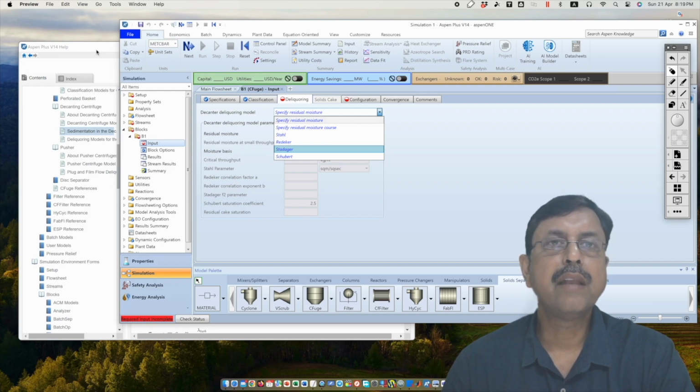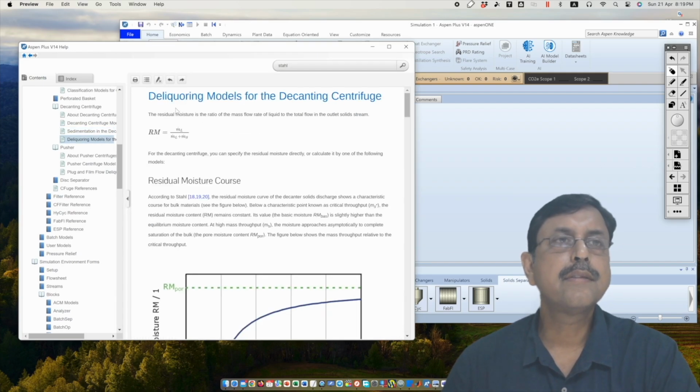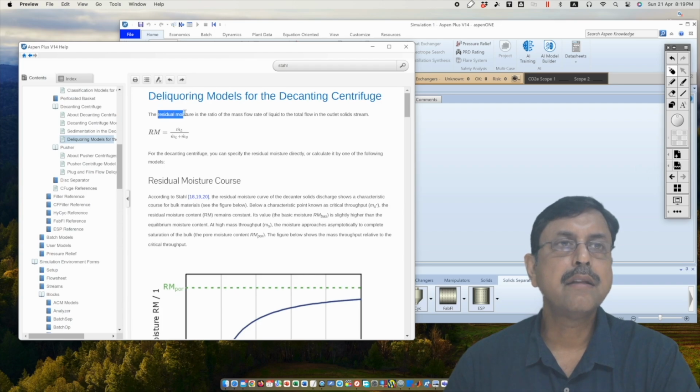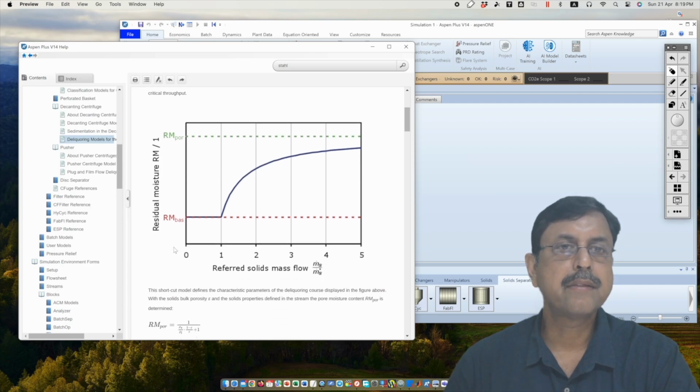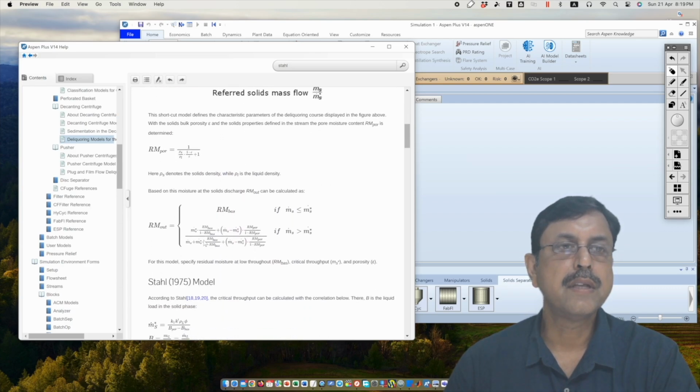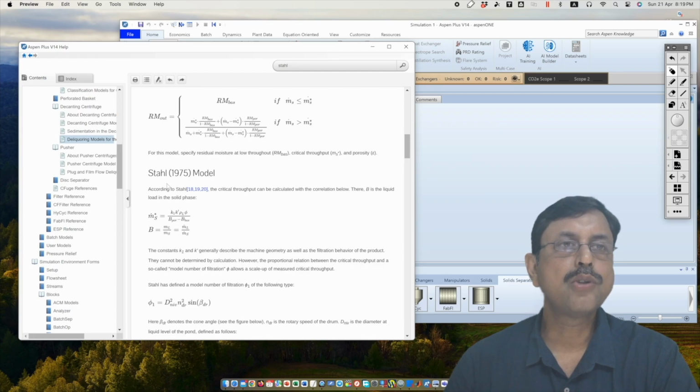Let us go to the help file once again. So this is the deliquoring models for decanting centrifuge. The main aim is to find the residual moisture. Okay, how the residual moisture is calculated by Aspen Plus. So that has been shown over here. Now this is the stalls model.